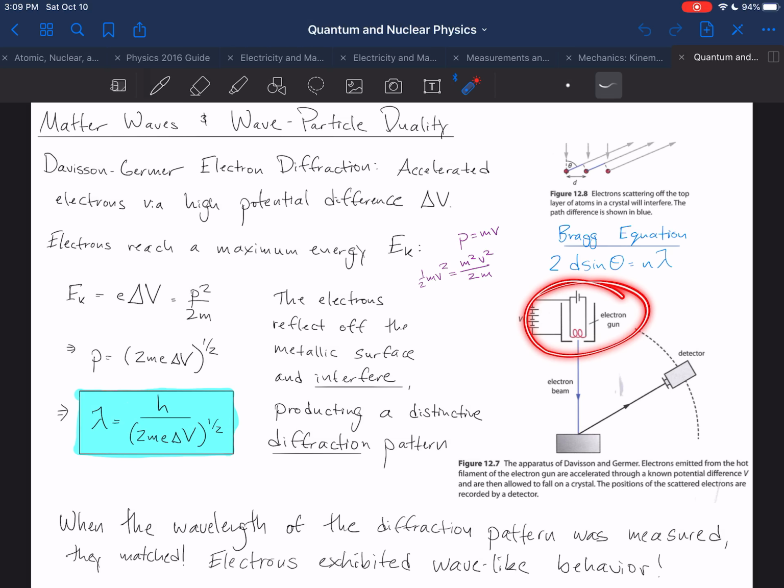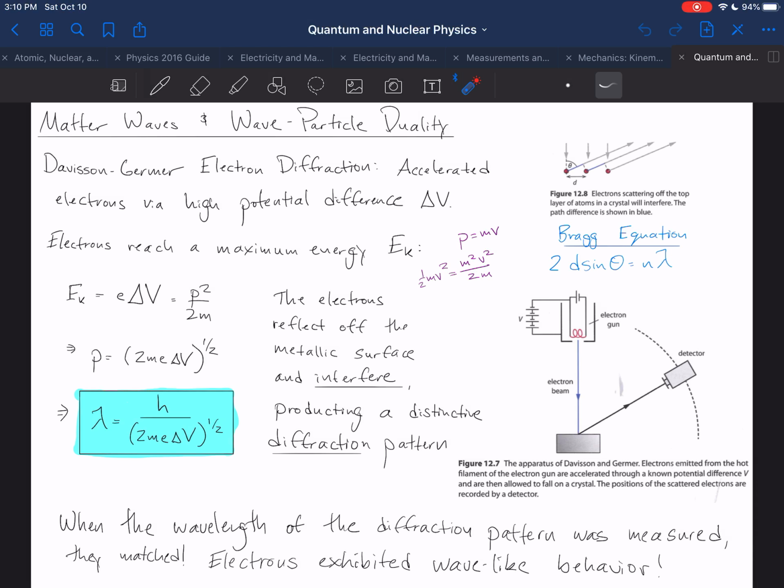An electron gun, that is a hot filament that releases electrons and then has those electrons accelerated through a potential difference, is shot directly at a thin crystal structure. Those electrons scatter, that is, bounce off the crystals at different angles, and when they reflect at different angles, they, as it turns out, interfere with each other.